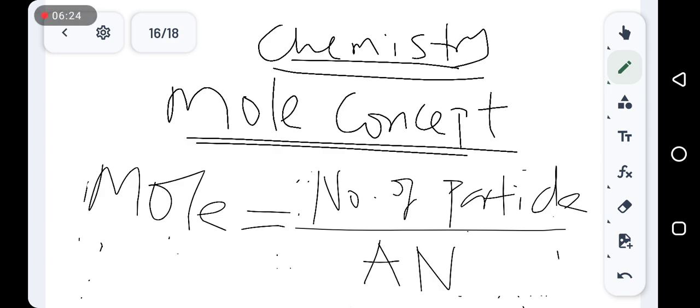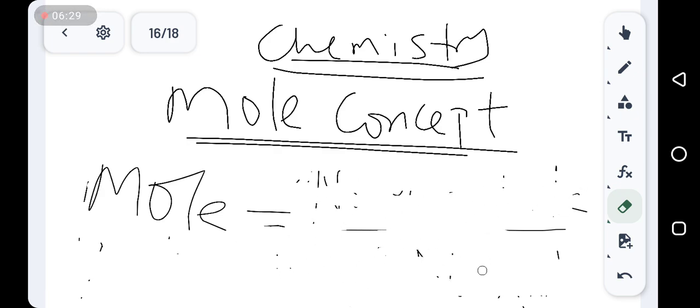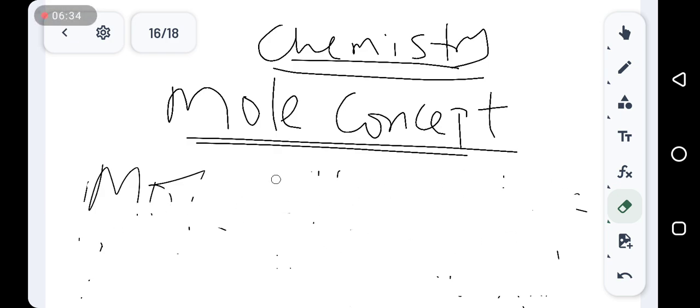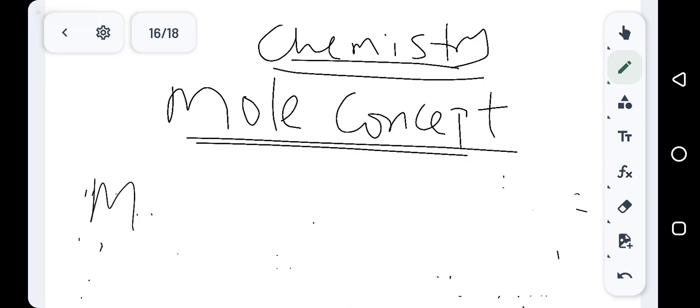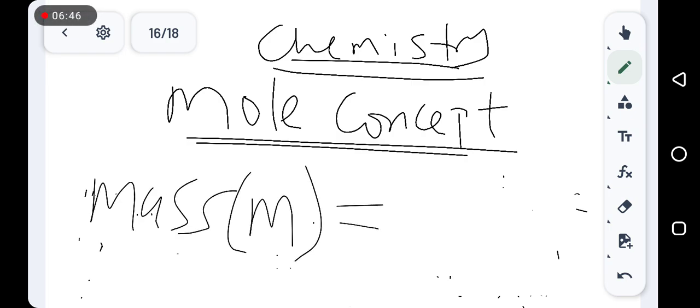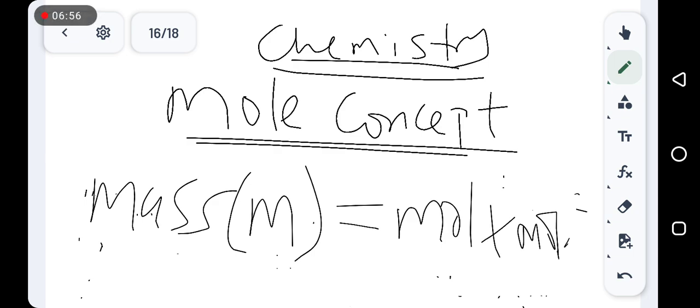Then the third formula, if you are given the mole and you are asked to find the mass of the substance, then the mass of the substance M is equal to the mole that is given to you times the molar mass.